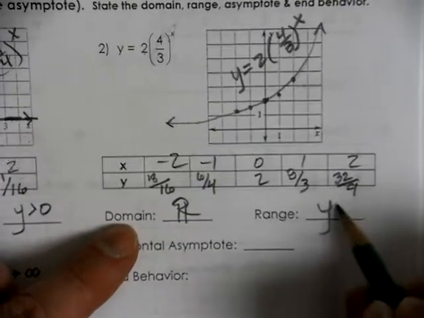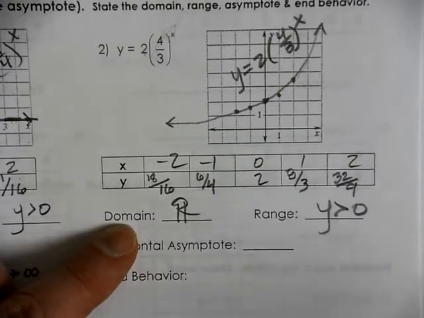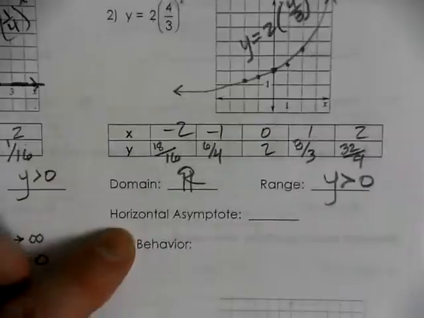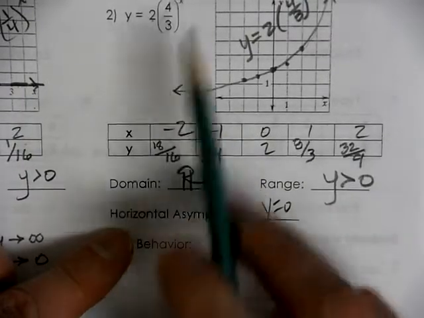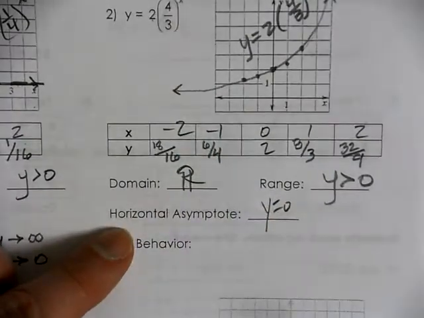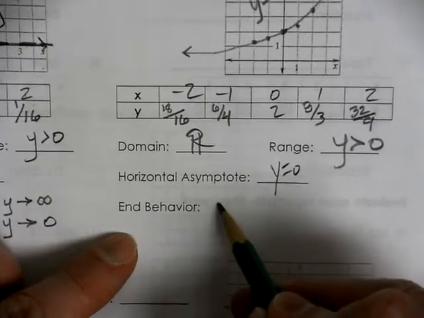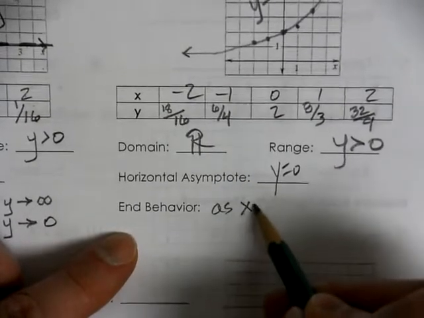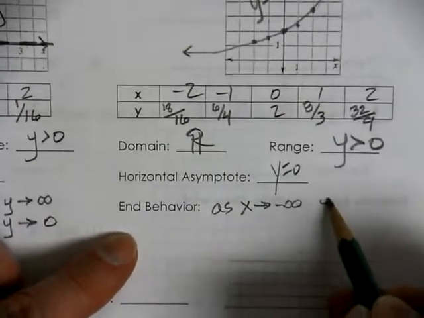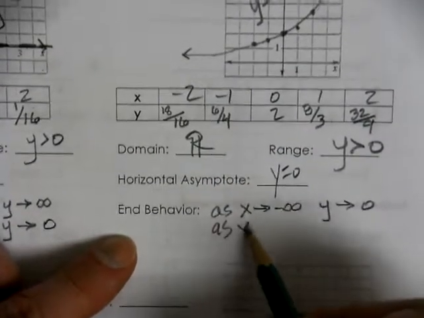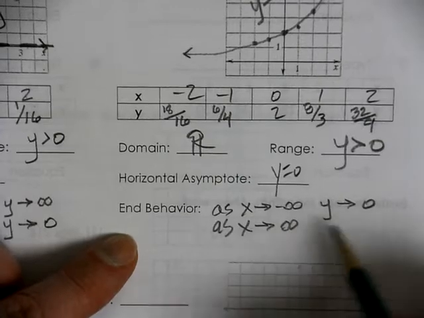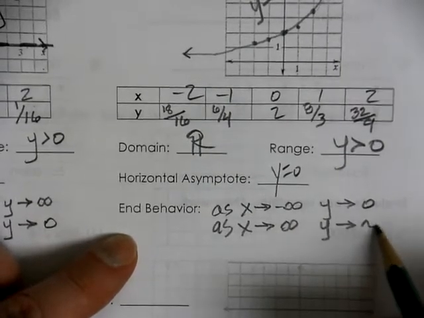Your range is going to be just greater than 0. The asymptote is at 0. The only time it changes is if there's a translation. As x goes to the left, the graph is approaching 0. And as x goes to the right, the graph is going up.